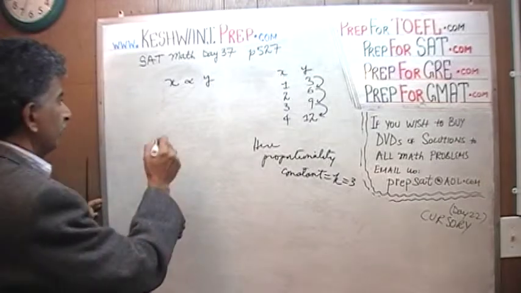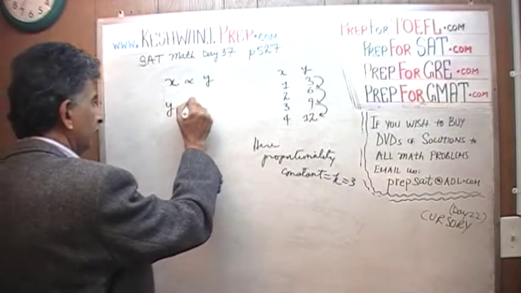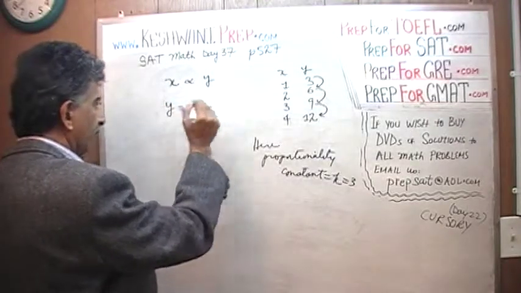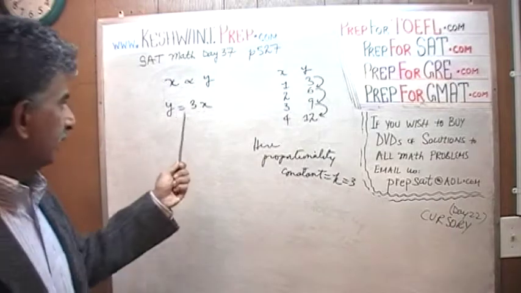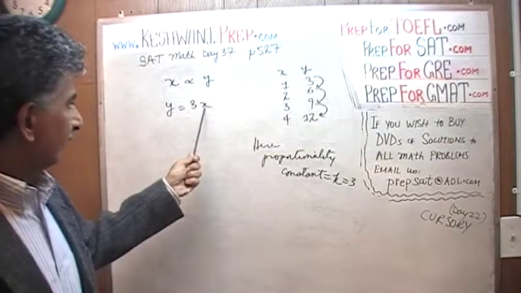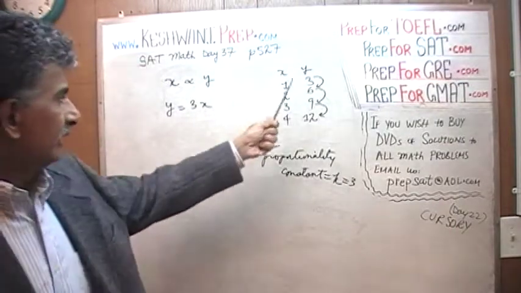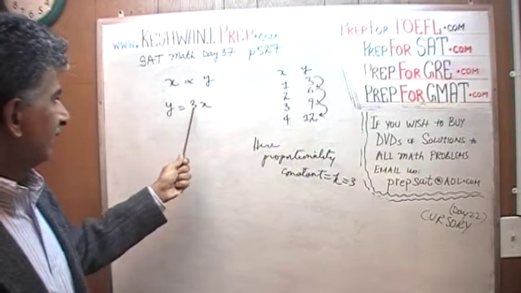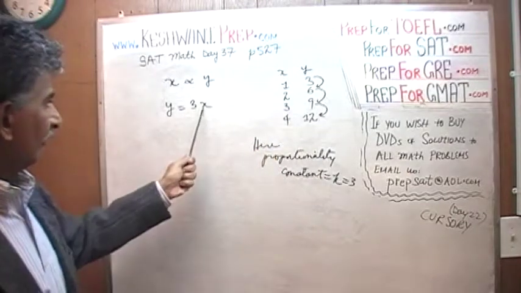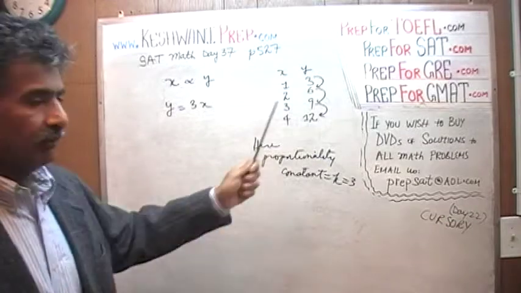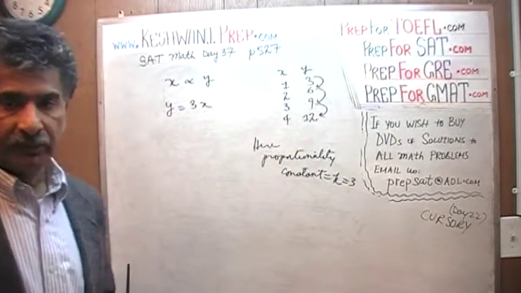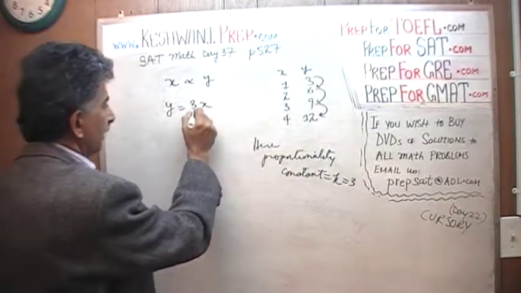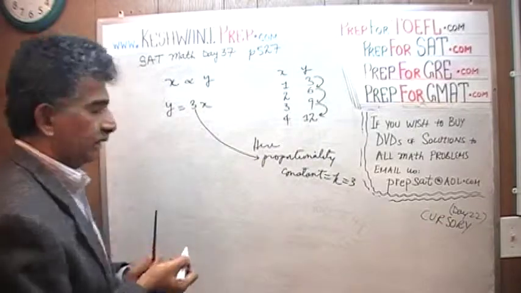And this equation would simply be y equals 3 times x. When x is 1, y is 3 times 1, which is 3. When x is 3, y is 3 times 3, which is 9. When x is 4, y is 3 times 4, which is 12. This is how it turns out, and 3 is our proportionality constant.